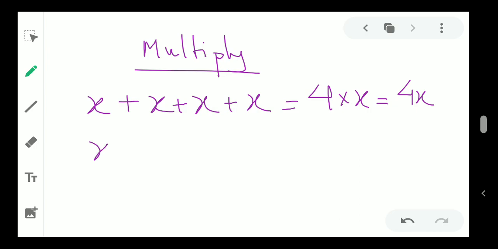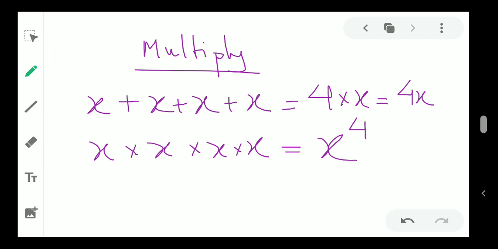But if you are multiplying x 4 times, then what will be the shortcut? We write x and then the number of times you have multiplied. So x to the power 4, if you multiply x 4 times.